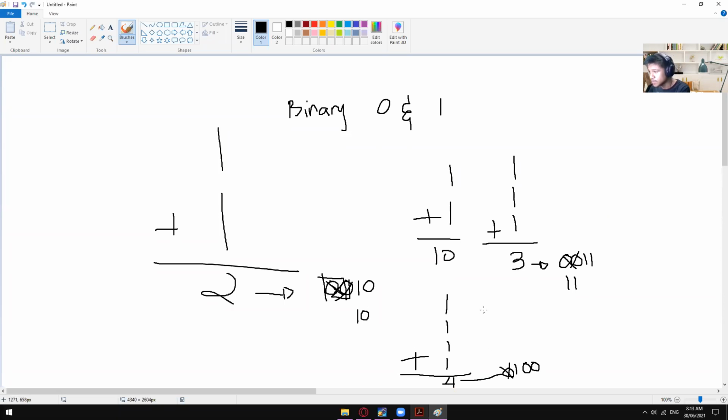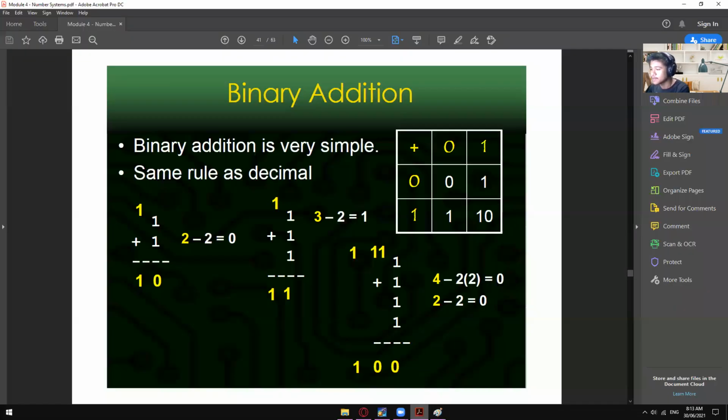So you can remove the leading 0. So the result for this one is 100. Okay, so that's basically it. So if you want to add binary, it's still the same. Just get the total sum, but after that, you have to convert that decimal number into an equivalent binary result.